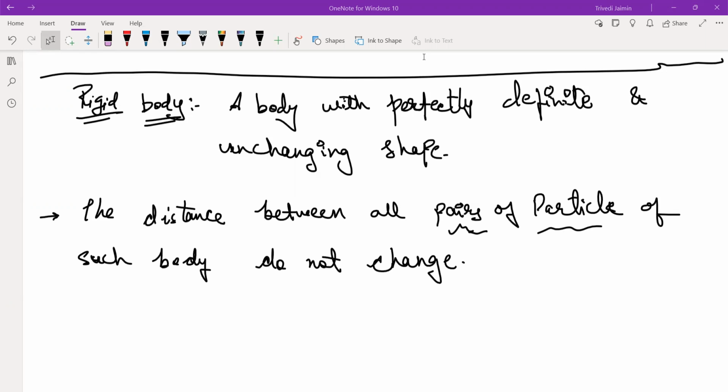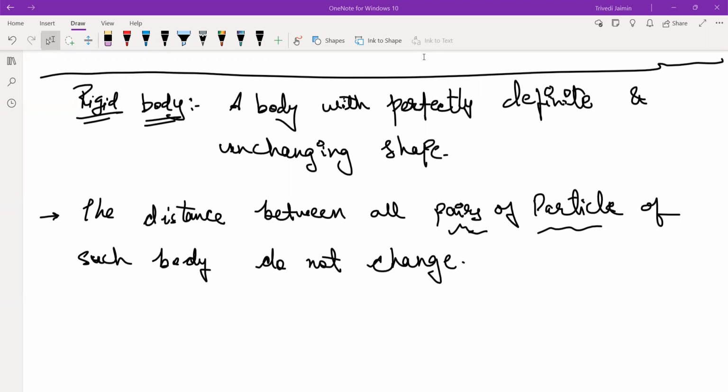Any example? Magnets. But if you discharge it, the internal particles might change, right? Okay, no problem. That is also okay. It's a rigid body, as we are talking about the rigid body.